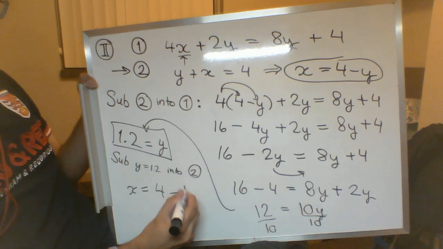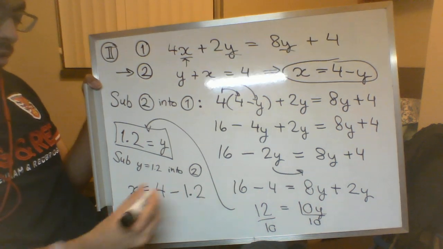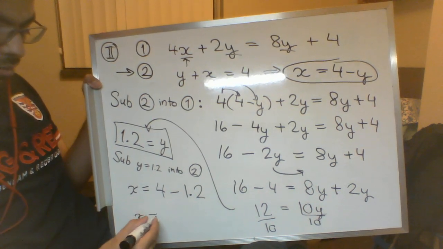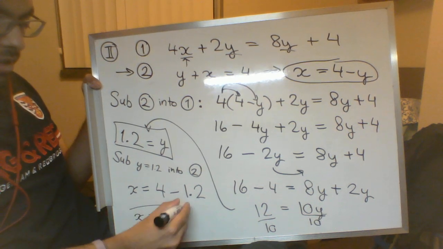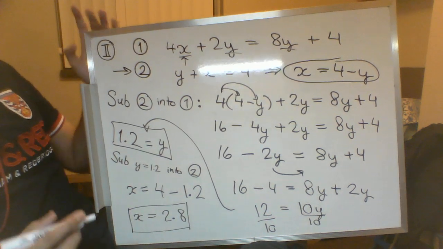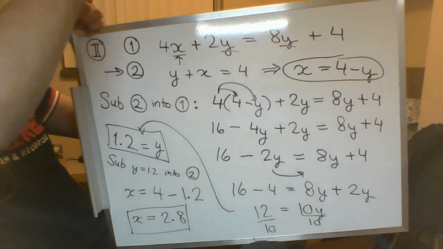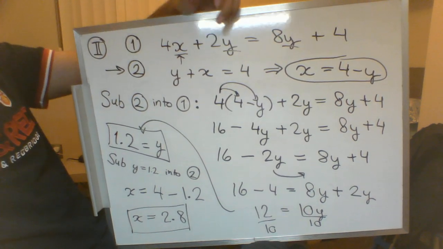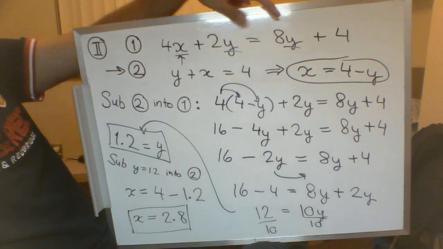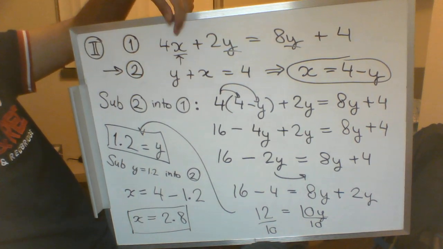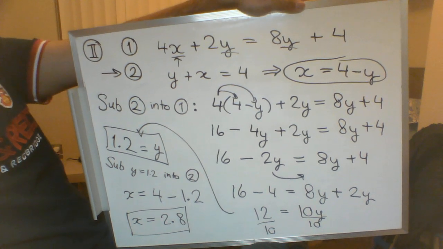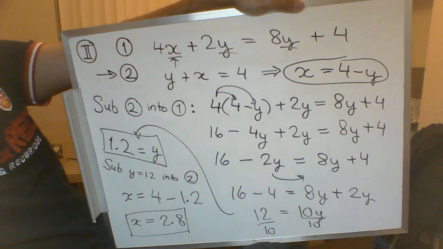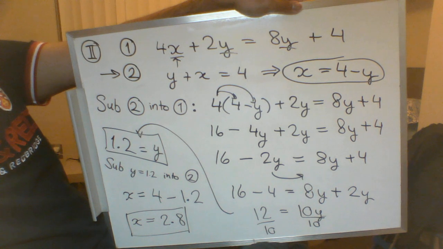So instead of writing 4 minus y, I'm going to write 4 minus 1.2, and that should leave me with x is equal to 2.8. And so that should be your final answer for this one. Y is equal to 1.2 and x is equal to 2.8. And then you could go ahead and check your answer by plugging in those values for x and y up here in equation 1 and equation 2 and making sure that you've got the right answer for both of those.